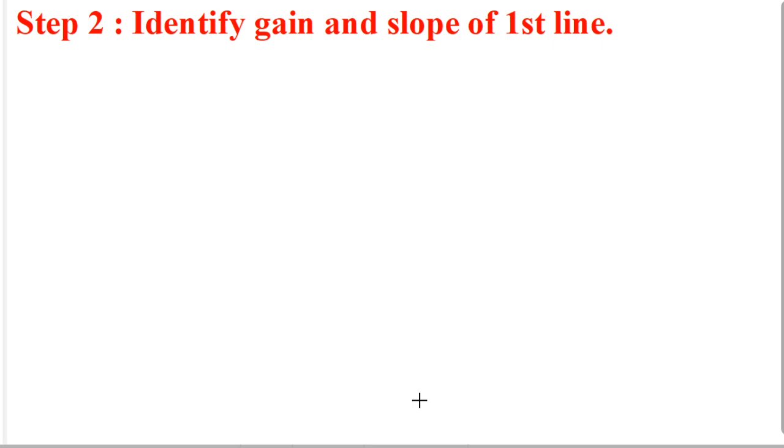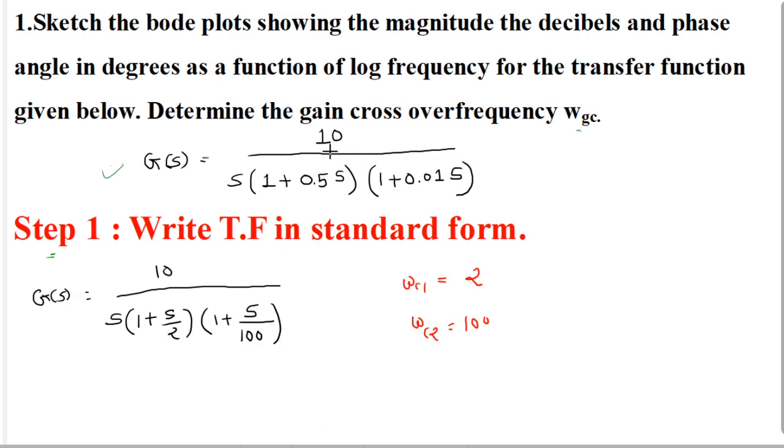Now step 2: identify gain and slope of first line. Here you can see that constant K is equal to 10.